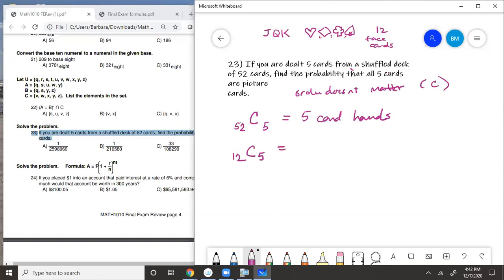That's the number of 5 picture card hands in a deck.